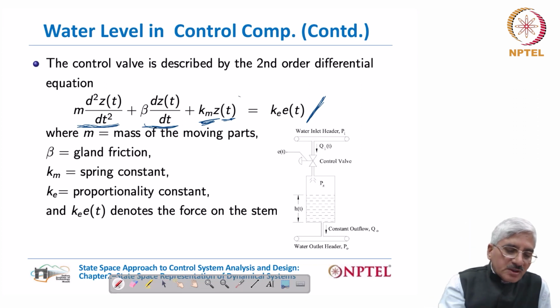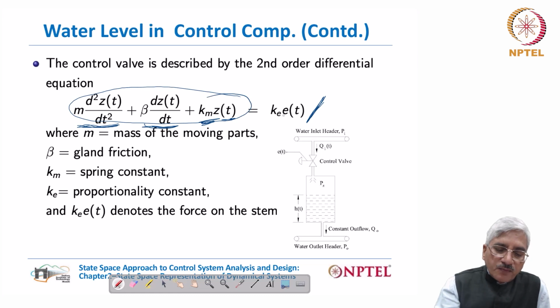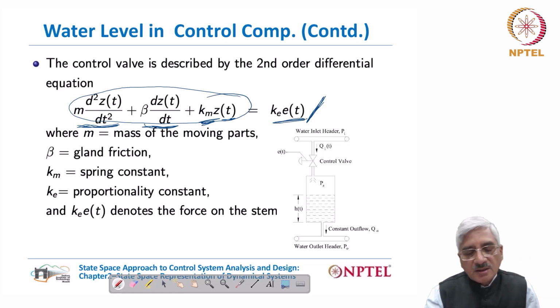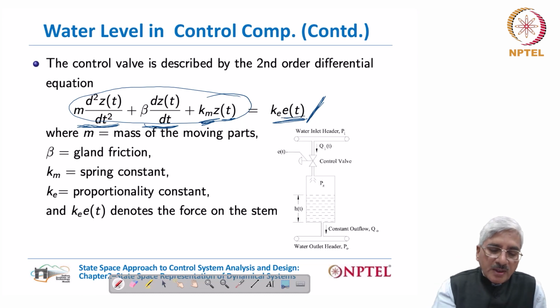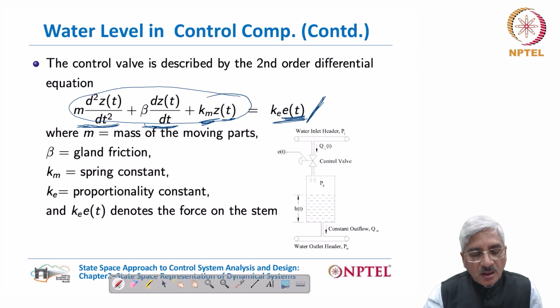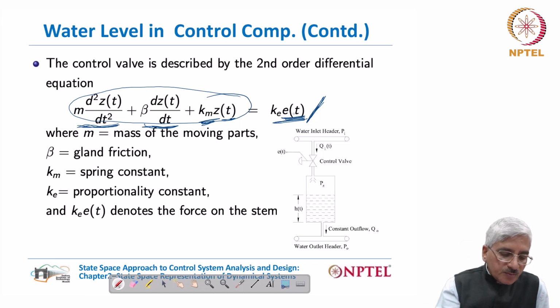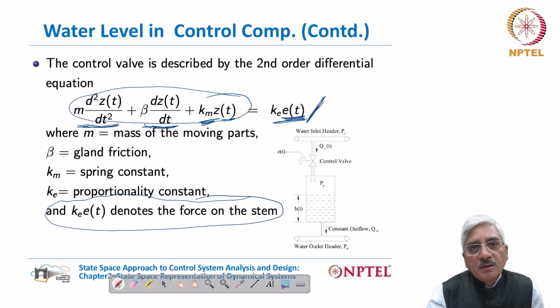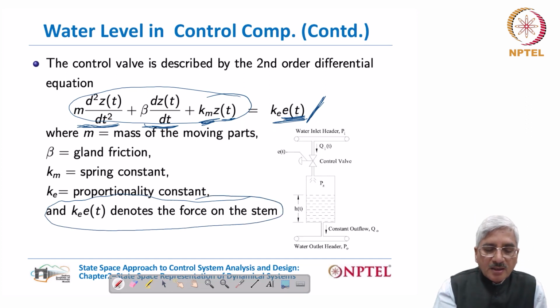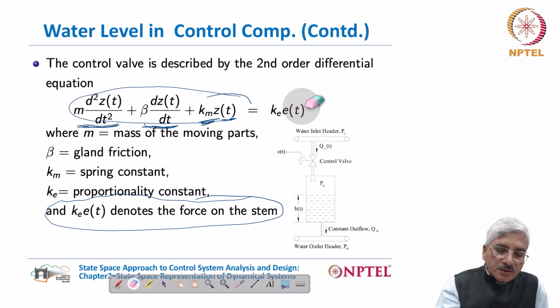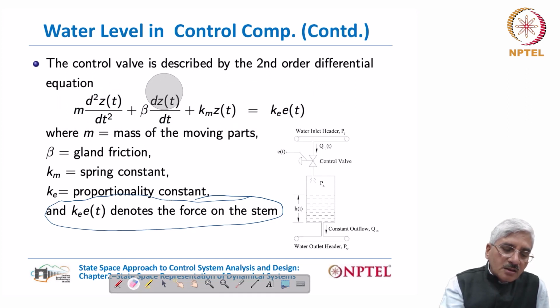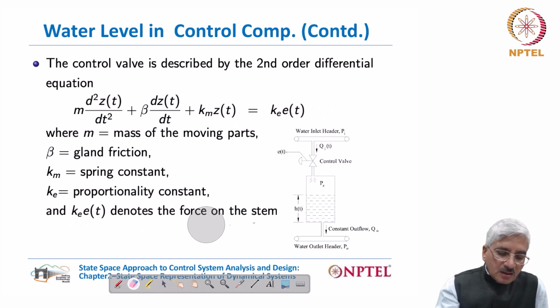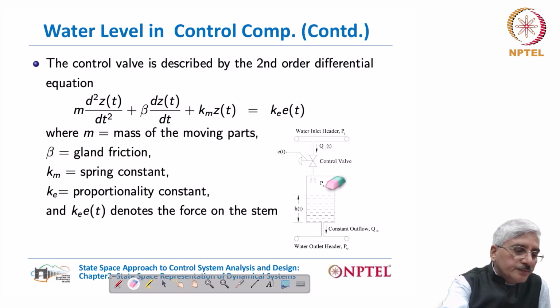So all these three forces balance the force which comes on the actuator through air pressure, and that air pressure itself is proportional to the applied input voltage E. So that force we assume as proportional to the applied input voltage E, or Ke times E(t) is the force. So this second order equation essentially describes the control valve.